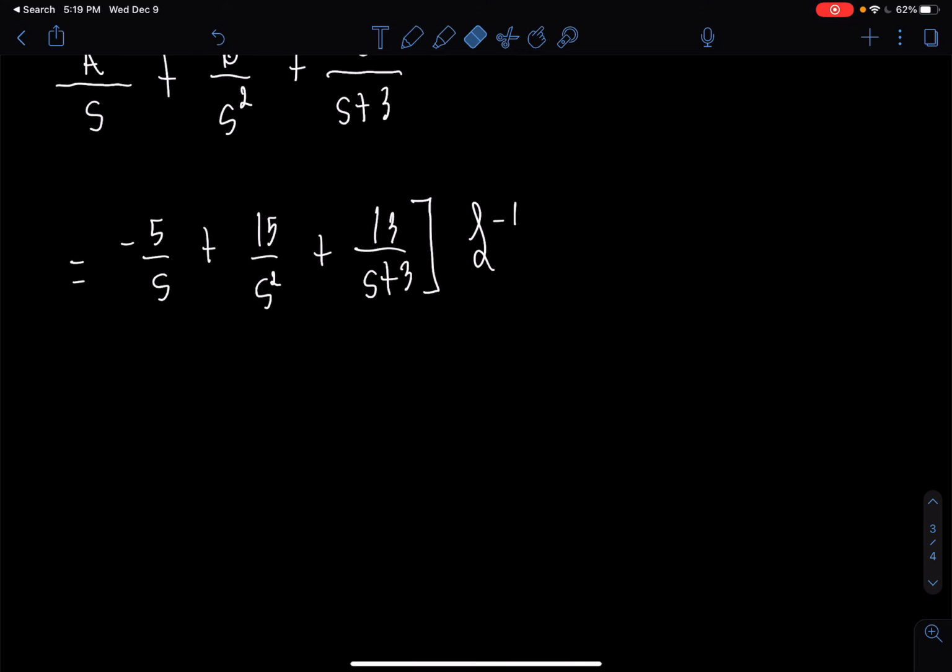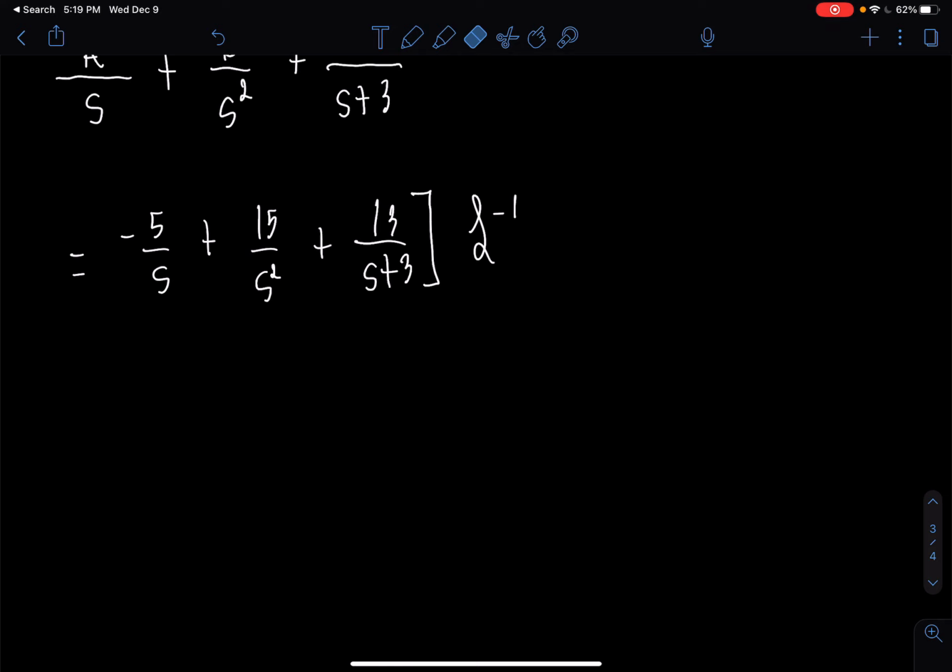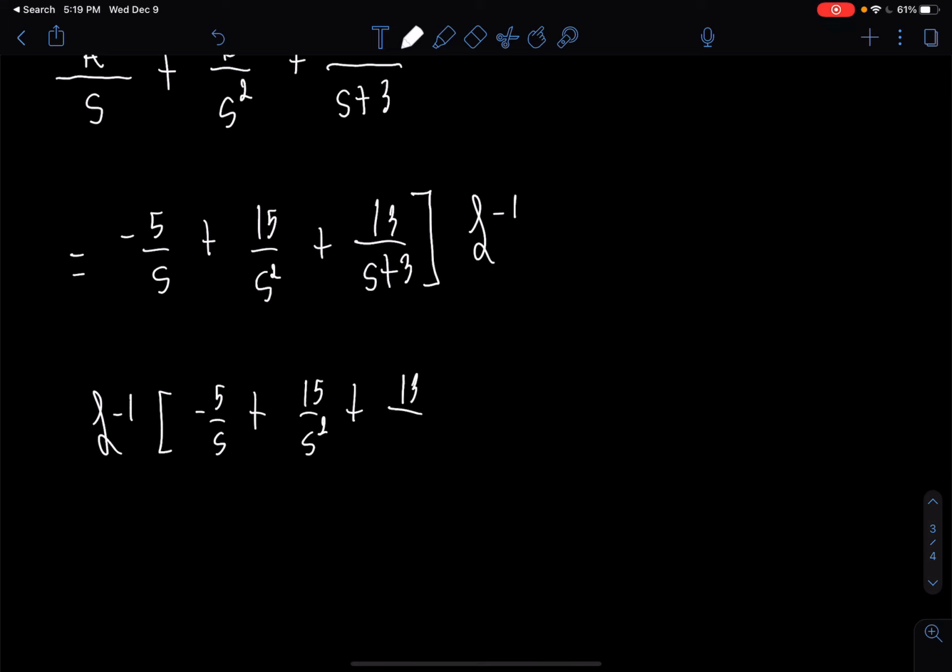So basically when I do that, let me rewrite this. Negative 5 over S plus 15 over S squared plus 13 over S plus 3.